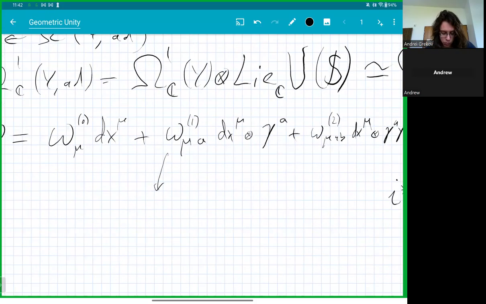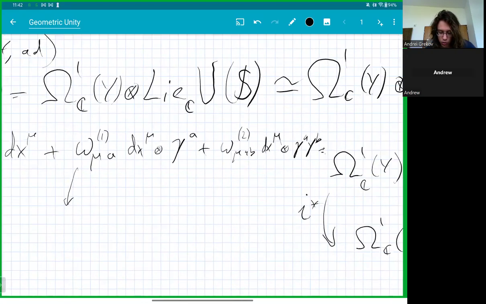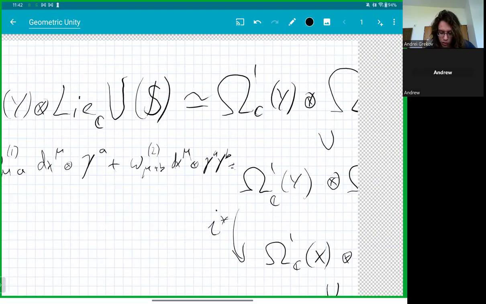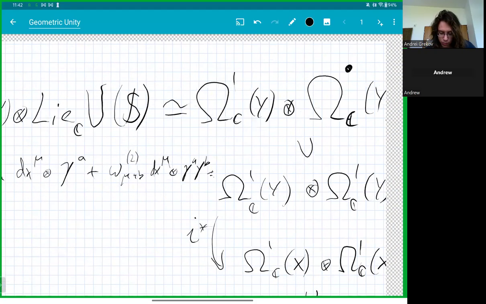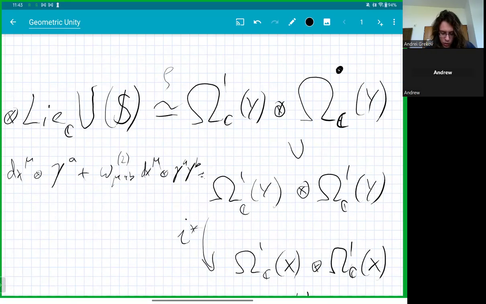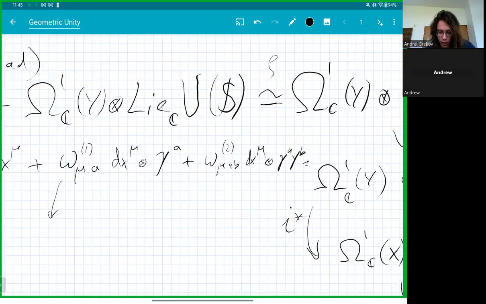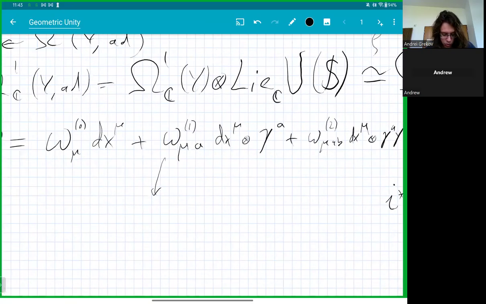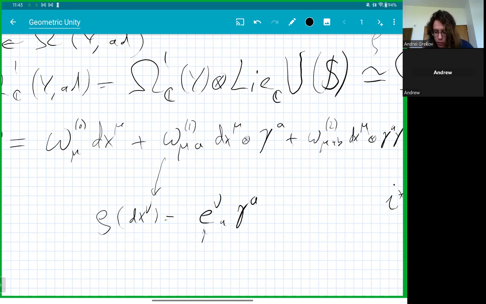We use this isomorphism, which is essentially given by, I guess, this Dirac representation, right? This rho of dx nu is e nu a gamma a, but this is our tetrad, something like this.